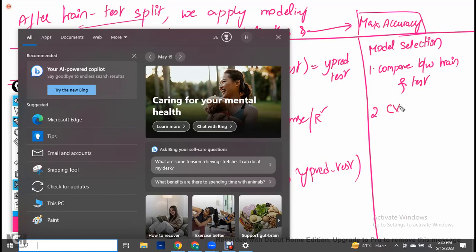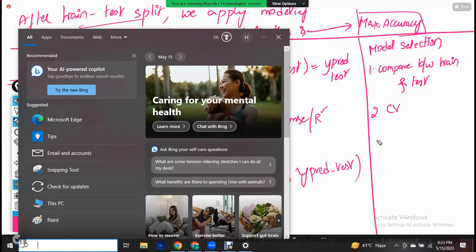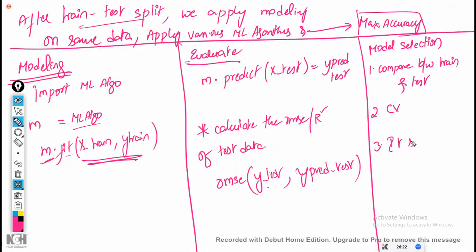And the third one is whether it satisfies the business problem. These are the three things which we have to see. First one is compare between the train and test. Second one is cross validation score. Third one is whether it satisfies the business problem.